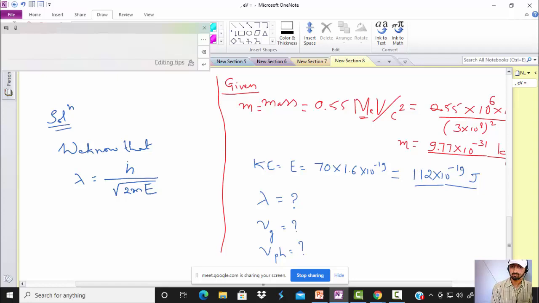You may then substitute the quantities. The H value substitute, that will be 6.63 approximately into 10 power minus 34 divided by square root of 2 into the m value, 9.77 into 10 power minus 31, into the energy.